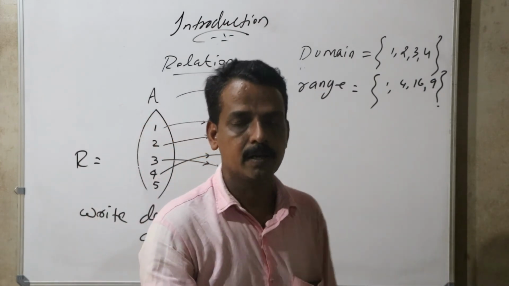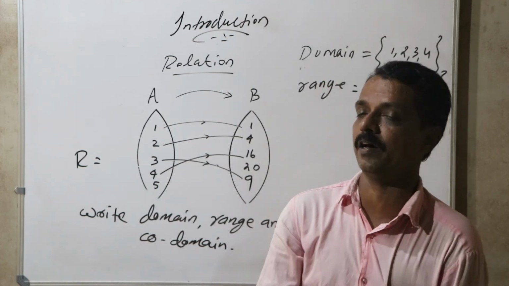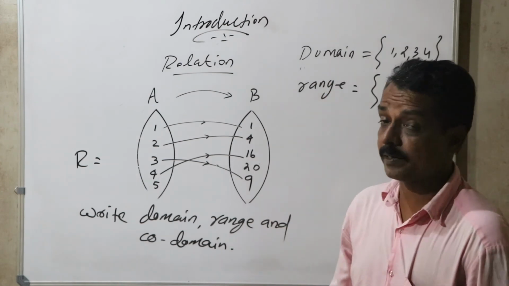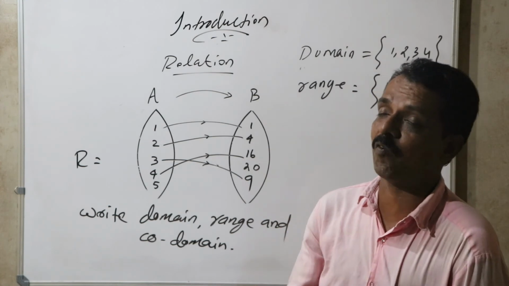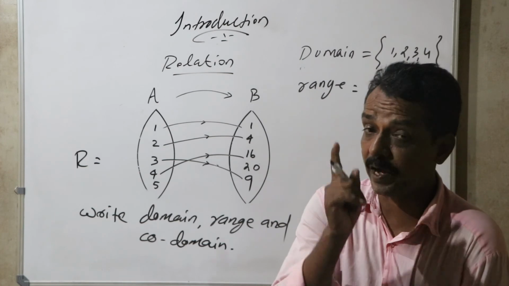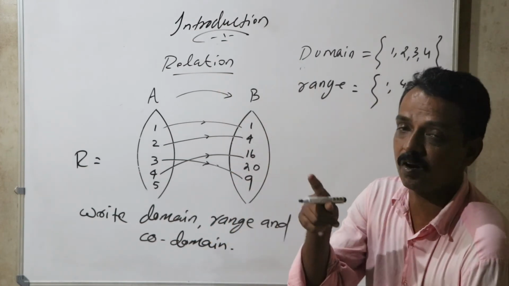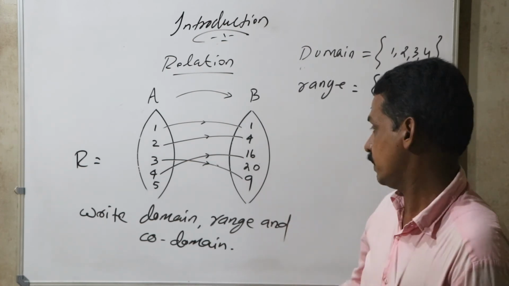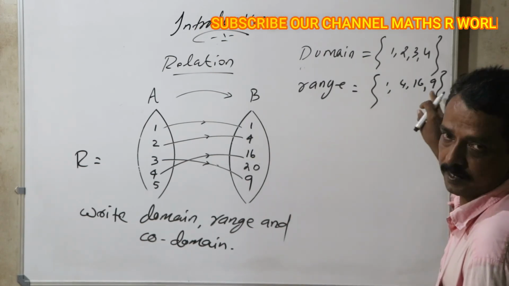Domain is the set of x elements of the ordered pairs in any relation, and range is the set of y representatives, or images of x elements. The y elements are 1, 4, 16, 9.